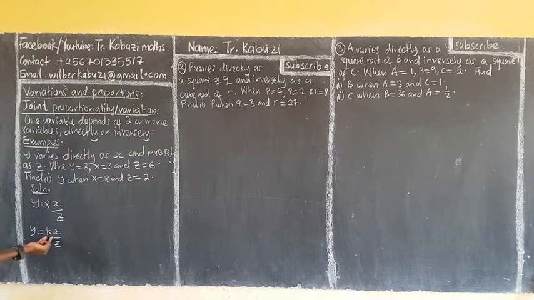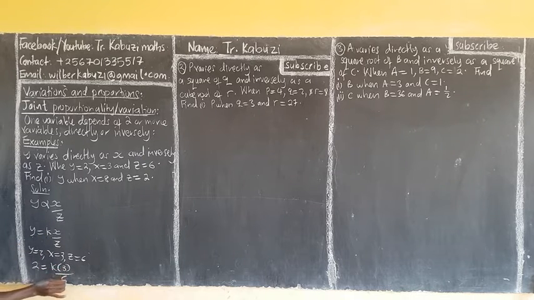So now we need to know the value of k. From here I see when y is 2, x is 3, and z is 6. So we put into the formula. We have 2 equaling k into 3, the whole over 6.